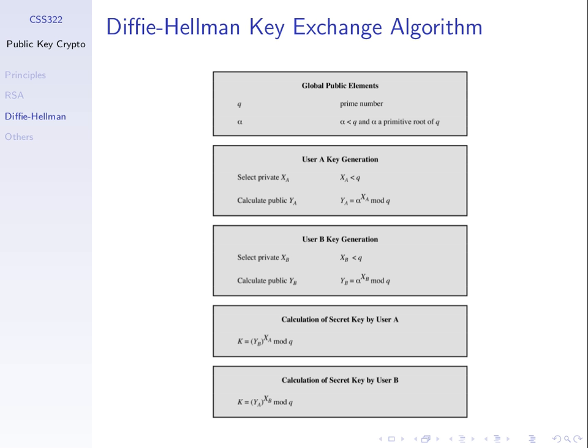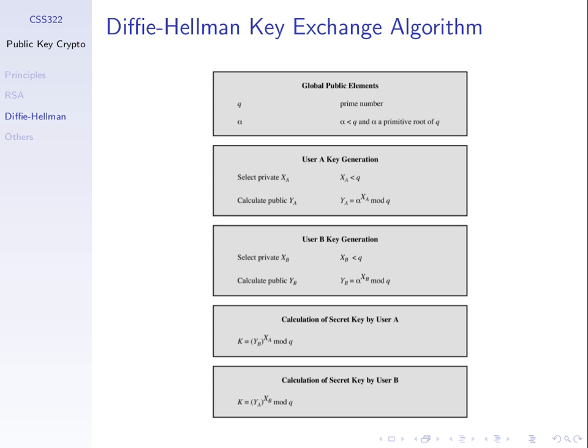So actually they want to share only 160, but in the form of YA and YB. Yes, because if I choose secret key K equals 160 and send it to you, then someone can intercept that and find our secret key. It doesn't matter what value of the key is.